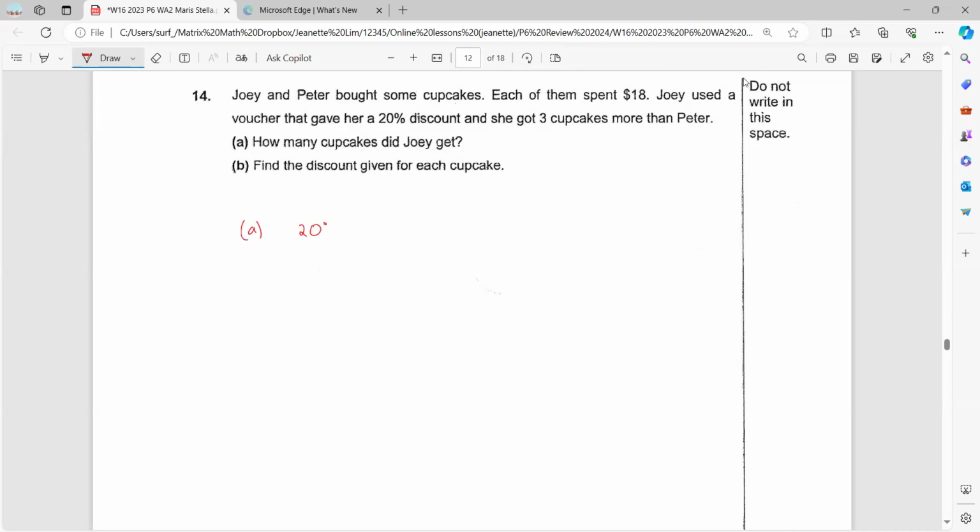So 20% of what Joey had, she could get 3 cupcakes. So how many cupcakes did she get? She spent all her money, right? So if she spent all her money, that means 100% of what she had.